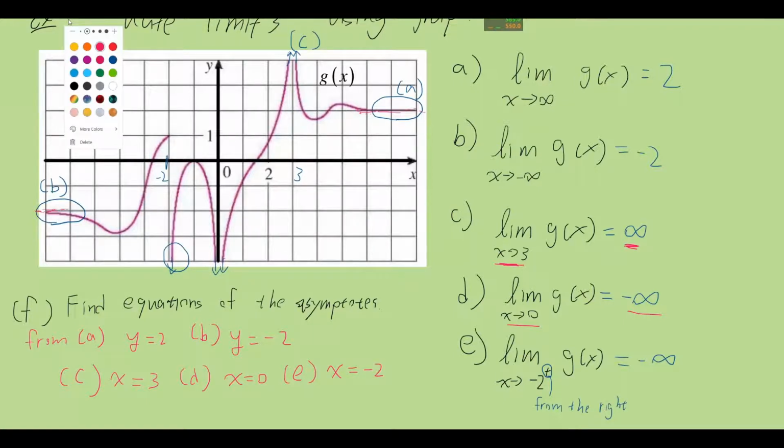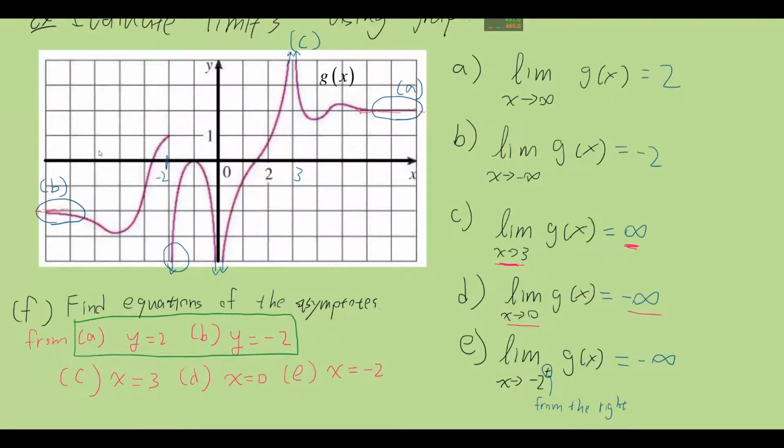Okay, so summarizing this, we get horizontal asymptotes from part A and B. Right, and from part C to E, we get vertical asymptotes. Right? These three are vertical asymptotes. And that's how we can use limits to identify horizontal and vertical asymptotes.